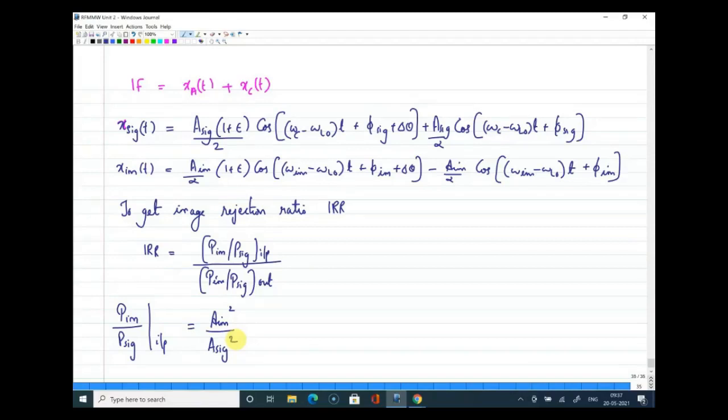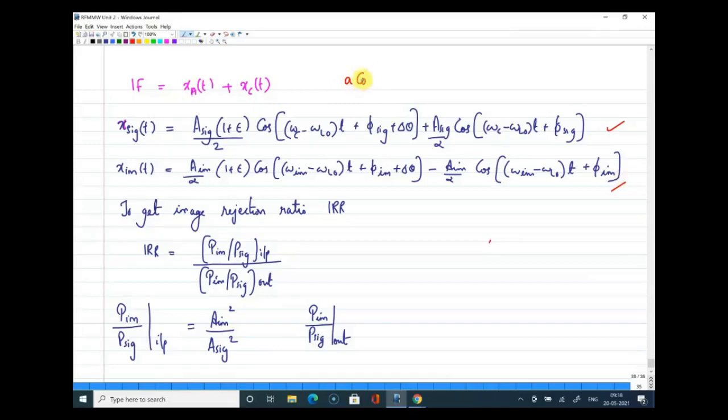Similarly, if I want to write the image to signal power at the output, now we have the expression here. Now we have these two things. Signal power should be taken from this and image power should be taken from this. Now, if you look at the signal and the image expression, it is like a vector sum of this form.